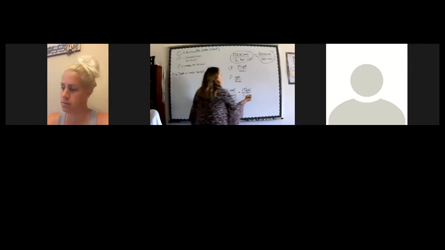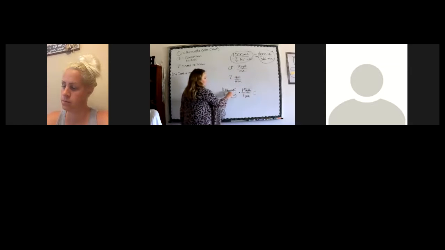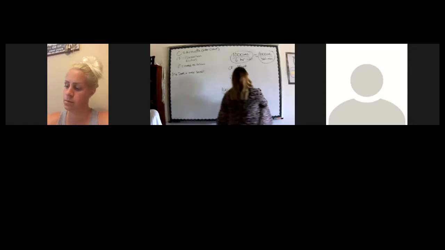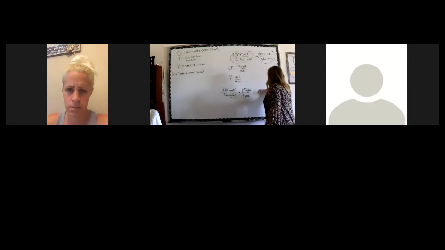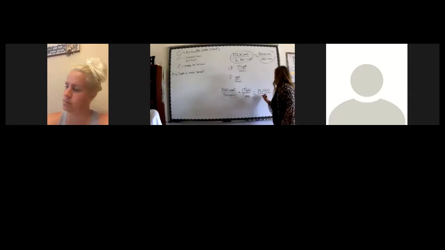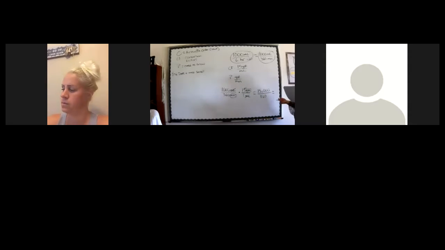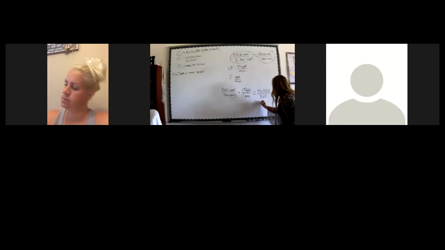So now I just do the math. 15 times 1,000 is 15,000, but I have to divide that by 360. So again, I used a calculator. I can't remember if it was a decimal or not, but in the end, that gives me 42 GTT per minute.